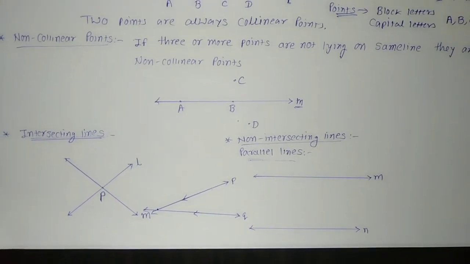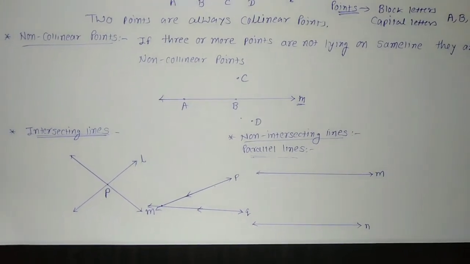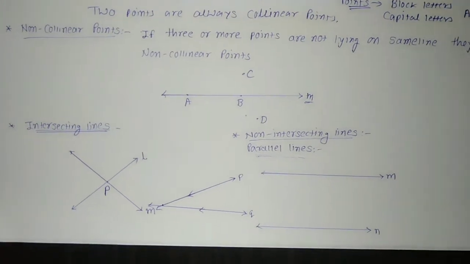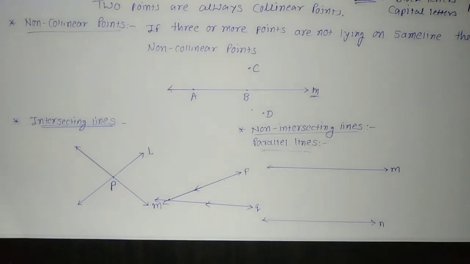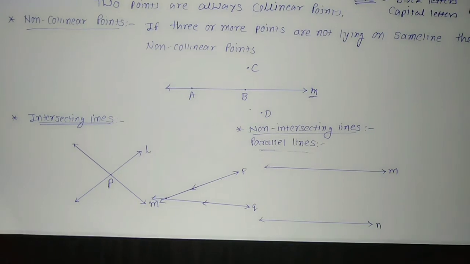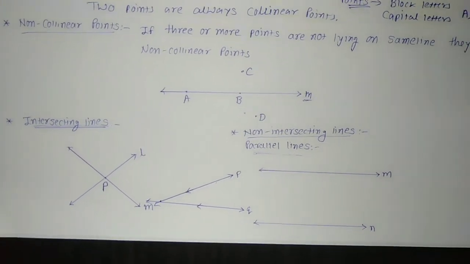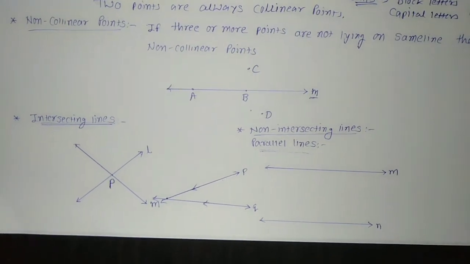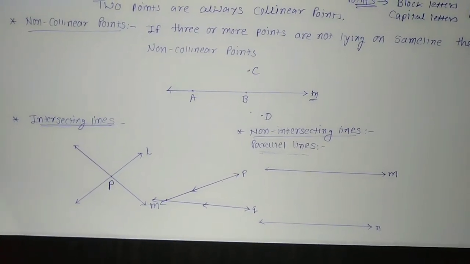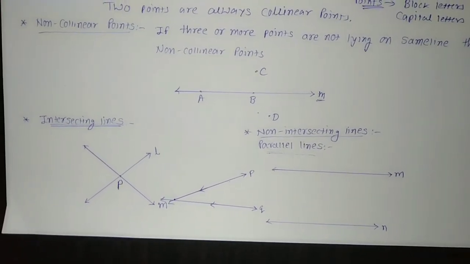Non-intersecting lines are also considered parallel lines. Two or more lines that do not intersect each other are considered non-intersecting lines, and they are also called parallel lines. Parallel lines are only the lines which do not intersect each other. Otherwise, if they are non-parallel, they will definitely intersect each other.